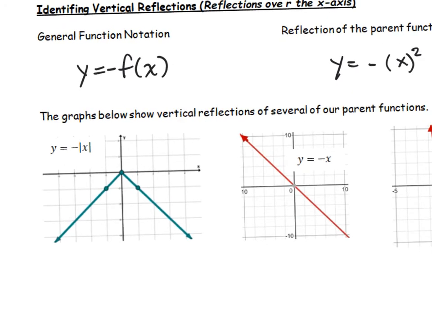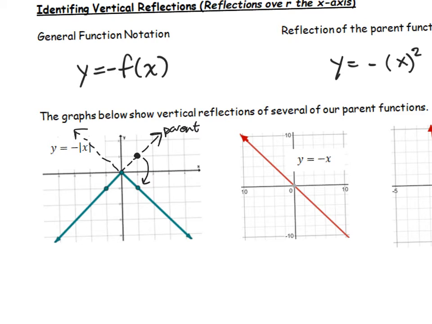So our first graph, if you recognize the general shape, I'm going to actually draw the parent function with a dotted line. So the first graph is our V-shaped absolute value graph. And this is our parent function. And what happened to the parent function is that every point, so if I pick a point, this one, 1, 1, do you see how that point is reflected over the x-axis?